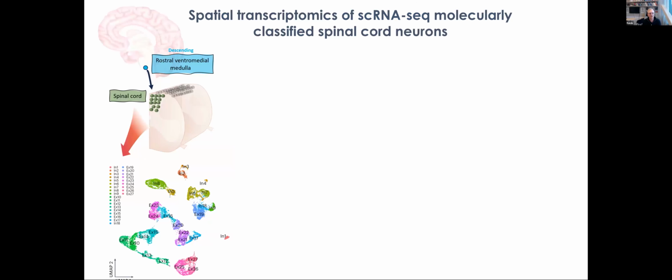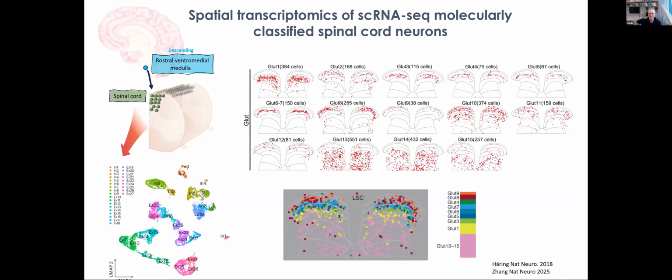So the RVM projects to the spinal cord. We dissected out the dorsal horn and molecularly classified the neurons there to create the taxonomy of dorsal horn neurons. Using that information, some time ago, we did spatial transcriptomics and found that the different, mostly excitatory, neurons showed a very distinctly layered presence in the spinal cord.